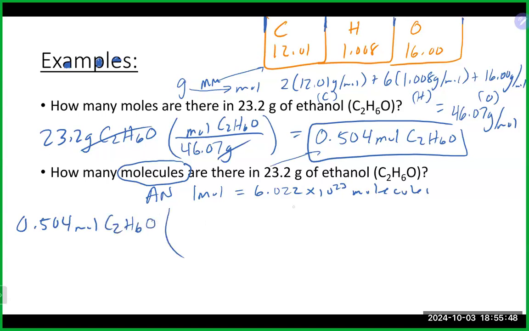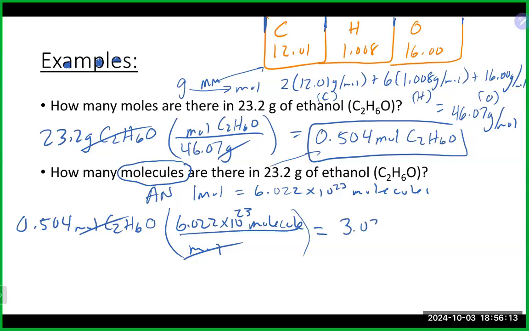We're going to go opposites to cancel, so moles on the bottom, Avogadro's number up there on top. Clearly, we want to make sure we're using our exponent button when we do this. Moles will cancel. Also, I'm going to use the entire number that's on my calculator, not the rounded number, when I multiply it, 6.022 to the 23. And that's going to give me here 3.03 times 10 to the 23 molecules of our ethanol in this case.